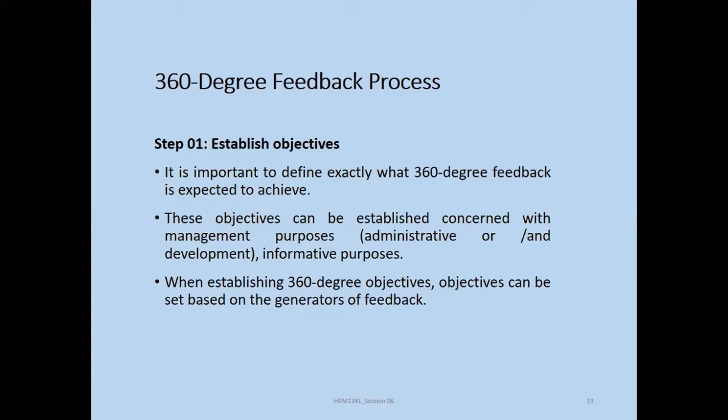Under the purposes of performance evaluation, the organization can derive the general objectives of implementing the 360-degree feedback process. With the evaluator or feedback generator, we can establish specific objectives.